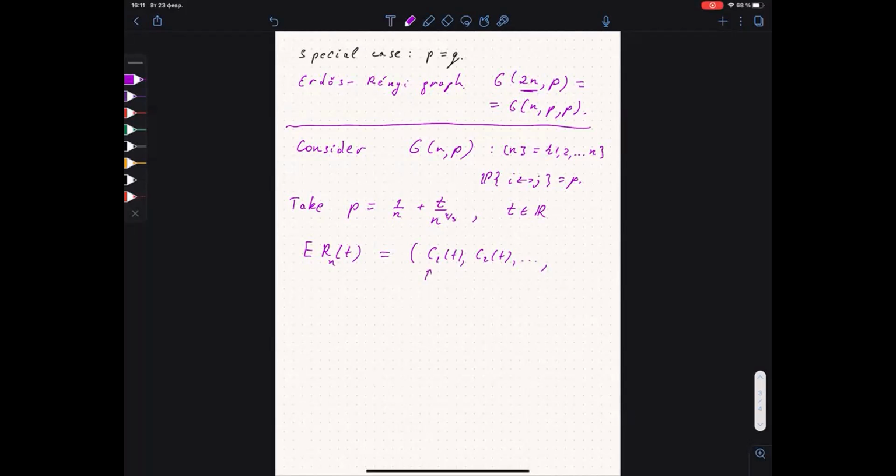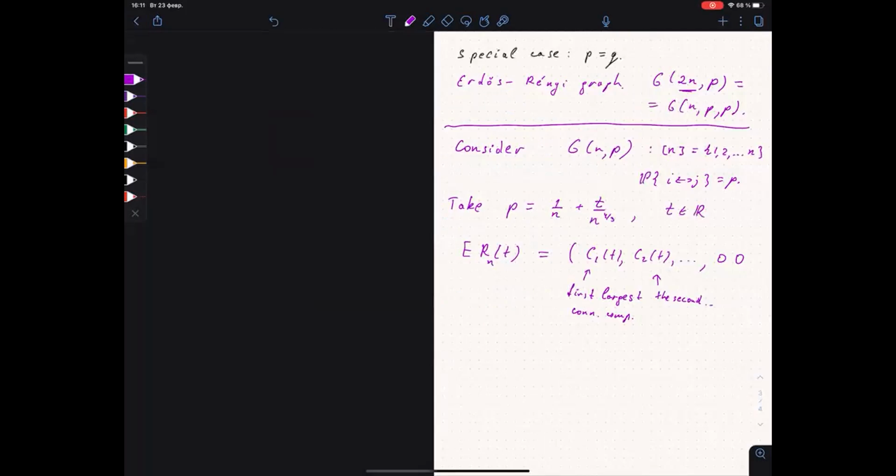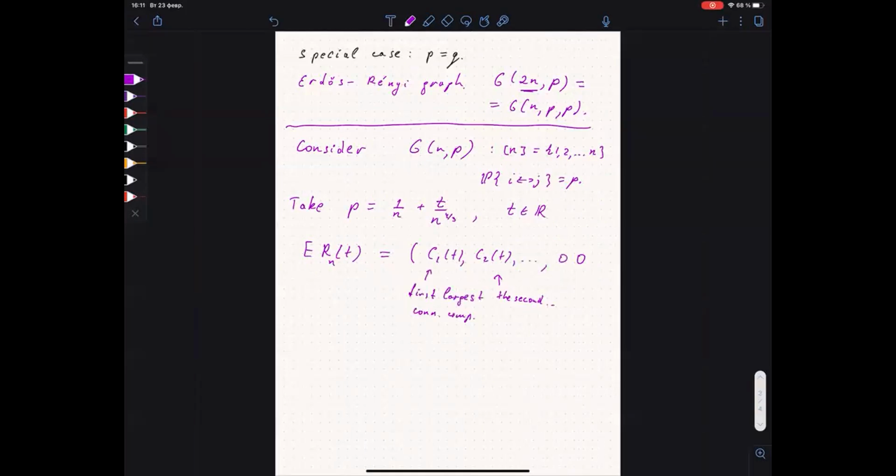That is the first, largest connected component of the Erdős-Rényi graph. That is the second, and so on. Since we have a finite number of vertices, we have only a finite number of sizes, but let's fill that vector up to infinity by zeros, and so on.